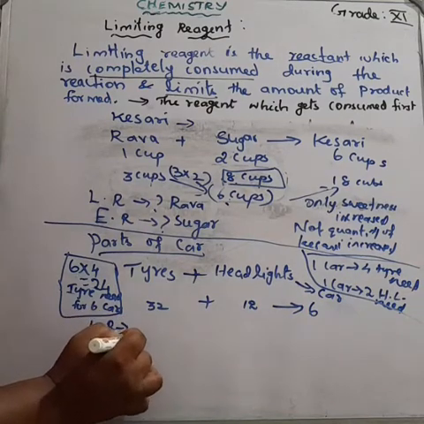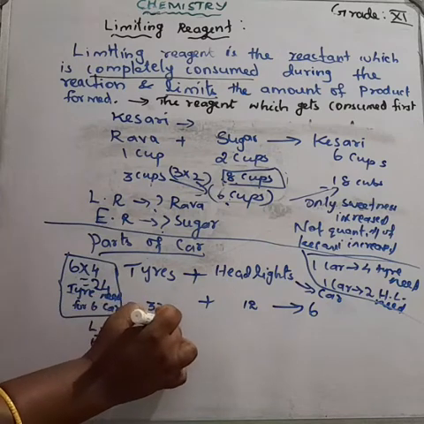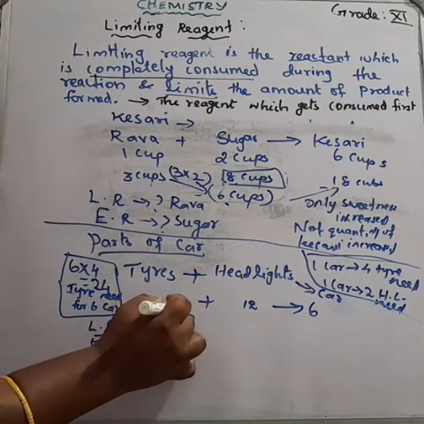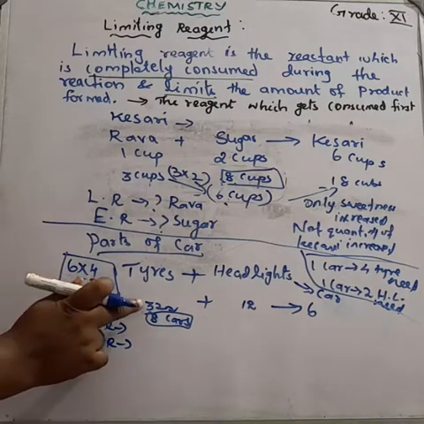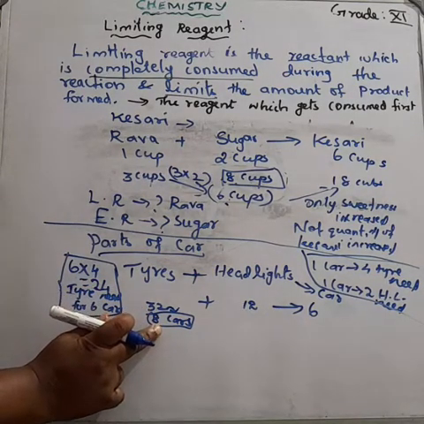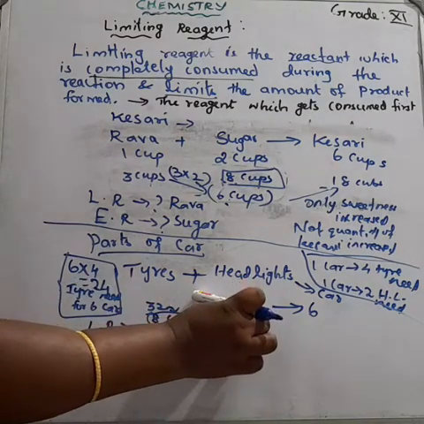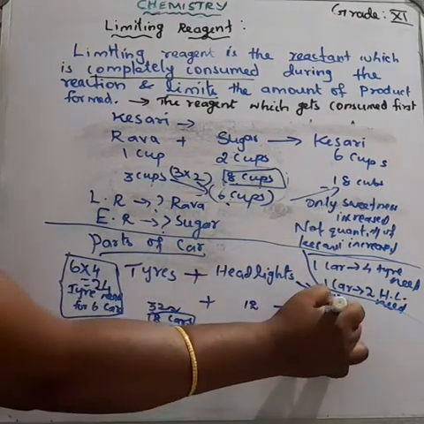So using 32 tires, we can prepare 8 cars. But only 12 headlights are available here. By using 12 headlights, we prepare only 6 cars.